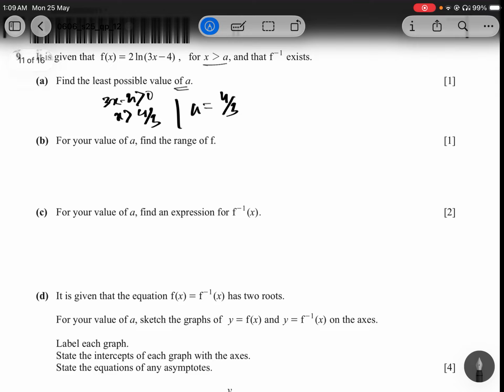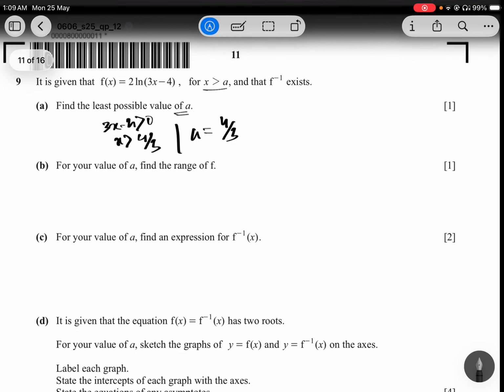For your value of a, find the range of f. If I input 4 by 3 here, 4 minus 4, so ln of 0, right? But for more than 4 by 3, it is going to be any number. So the range is a real number.